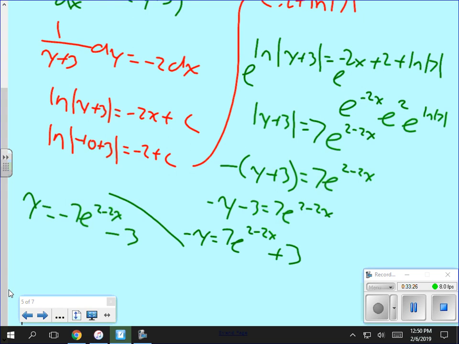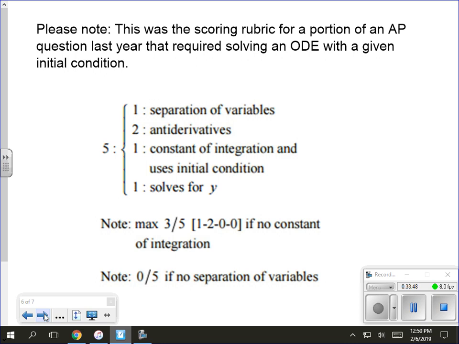Yeah. If I plugged in 0 and was supposed to get positive 10, I would just have y plus 3 here. Your initial condition tells you whether you're using y plus 3 or the opposite of y plus 3 when you drop the absolute value bars to solve for y. Your initial condition tells you everything about that. Okay, that's why it's important.